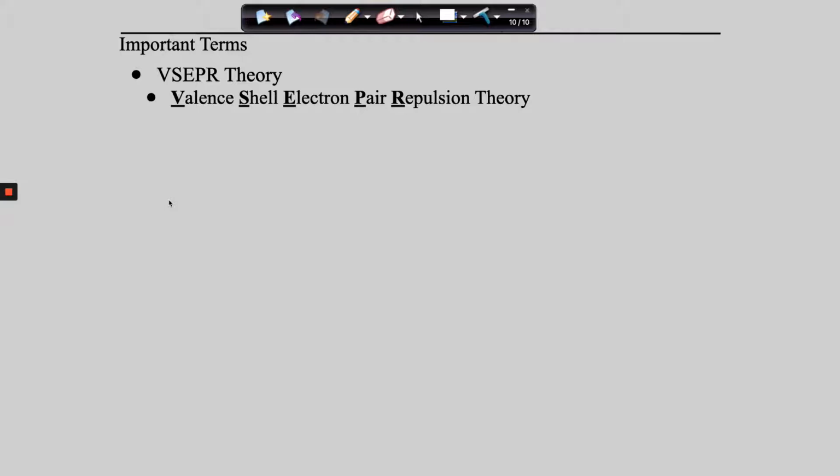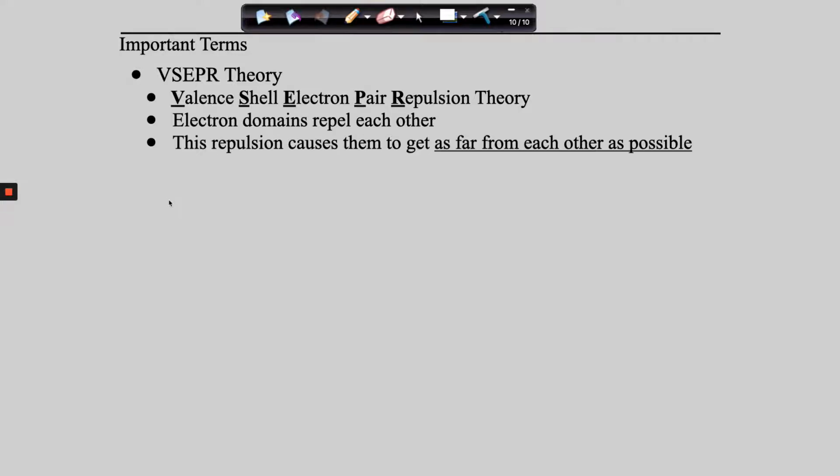But we also know that electrons are negative, and as a result, they repel each other. So guys, all this simply says is that electron domains repel each other. And as a result, this repulsion causes them to get as far apart as possible. Guys, that's an important idea.